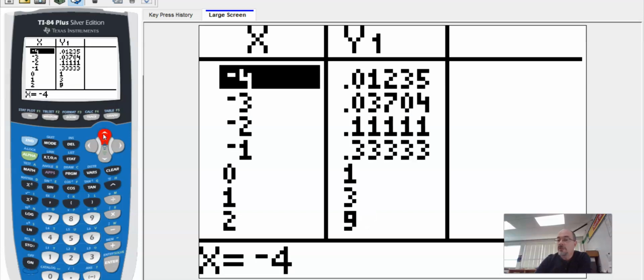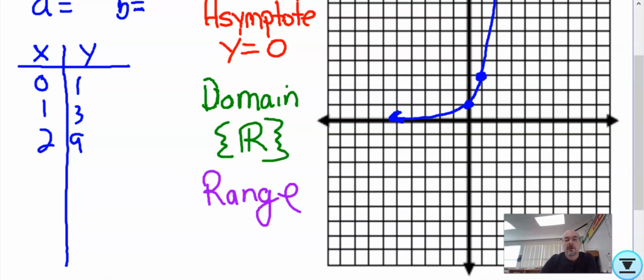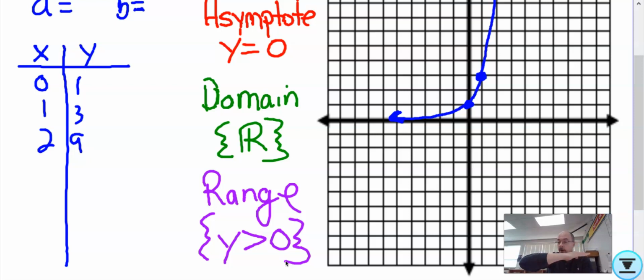It's approaching that asymptote, meaning it's approaching 0, but it's not going to cross 0. So the range here is going to be y is greater than 0. The asymptote is 0, that's the line it will not cross. It's going to get really close to 0, but it's not going to get to exactly 0.